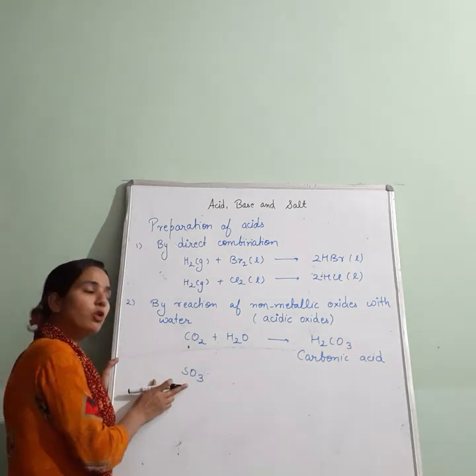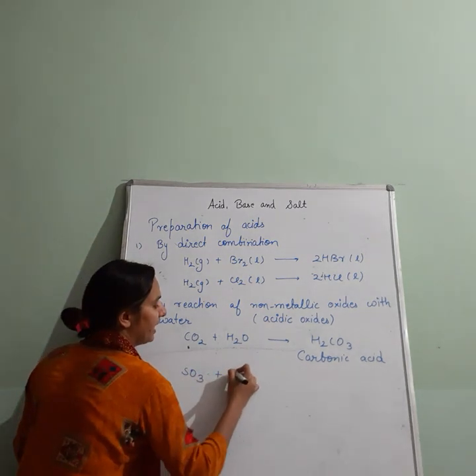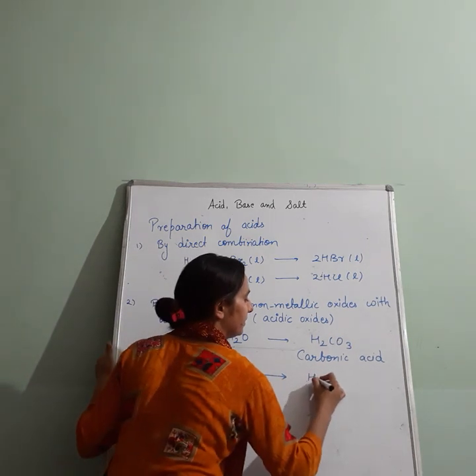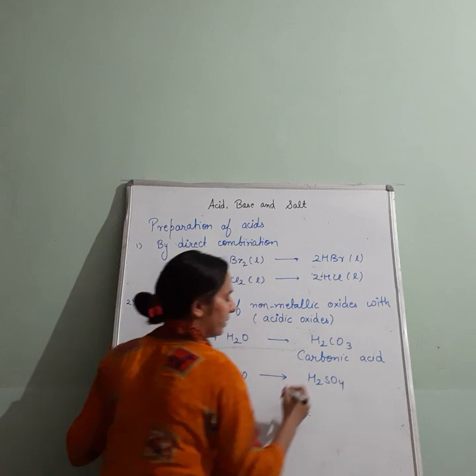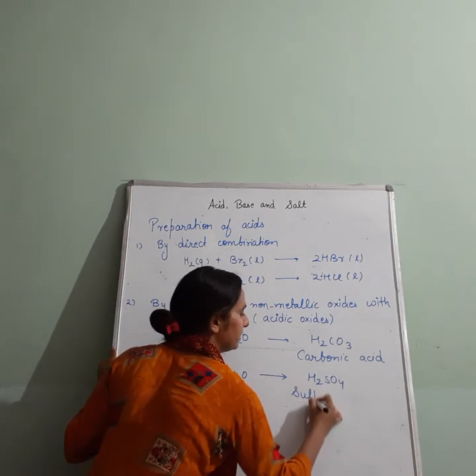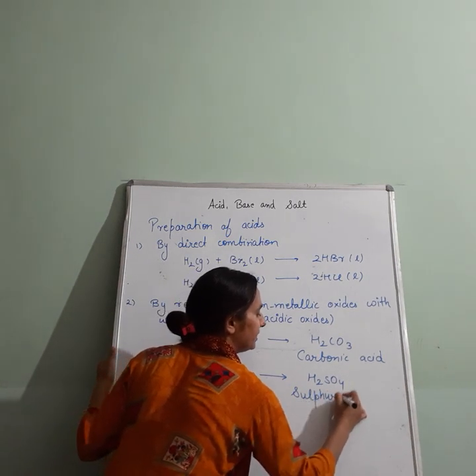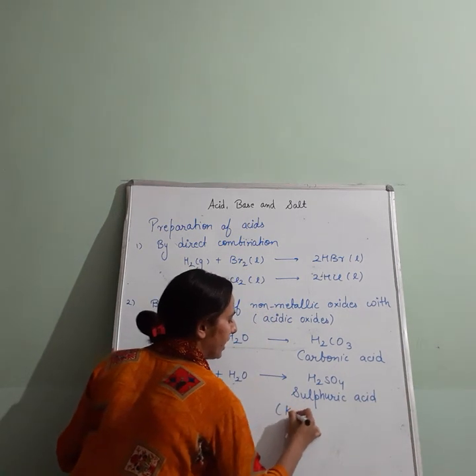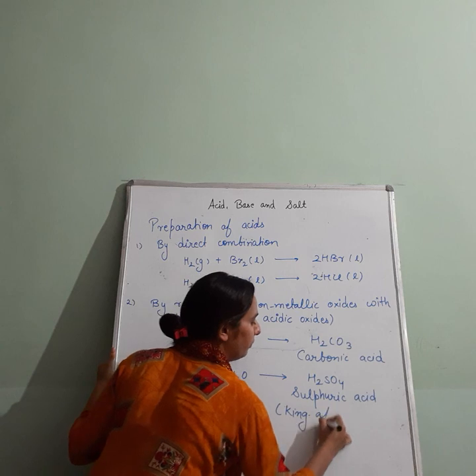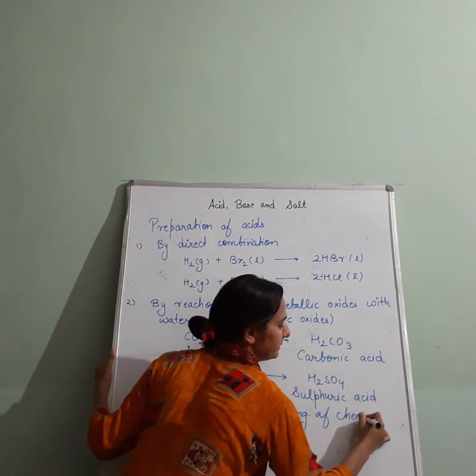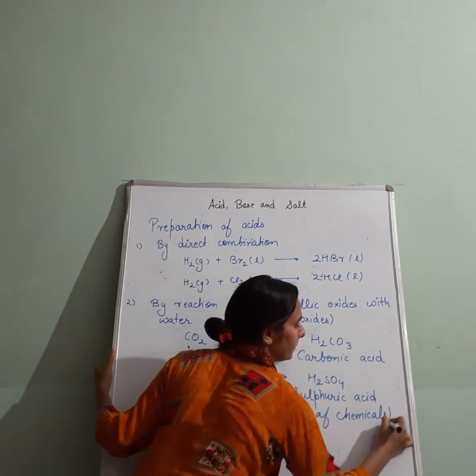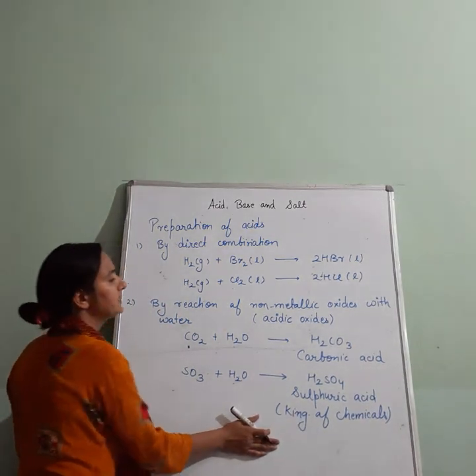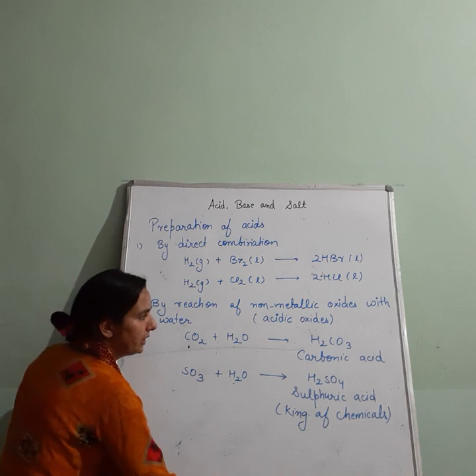SO3, sulfur trioxide, when it reacts with water, gives us H2SO4, which is sulfuric acid. This acid is also known as king of chemicals. So, note it down.